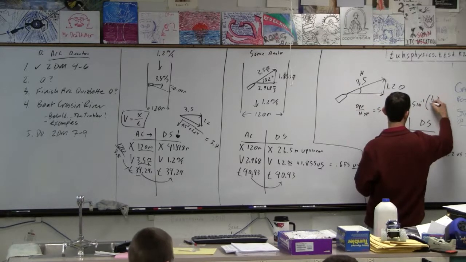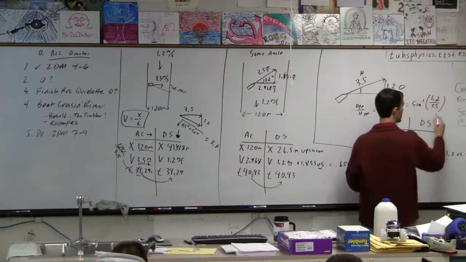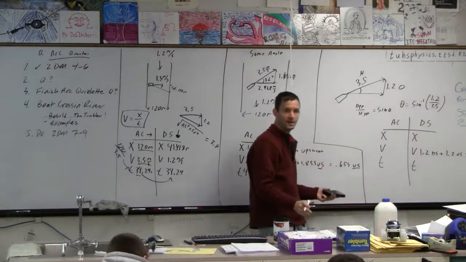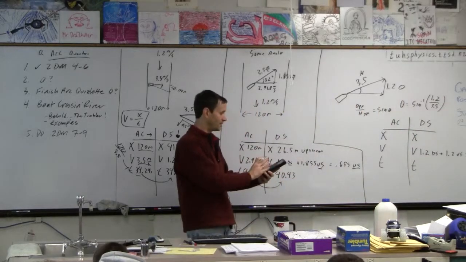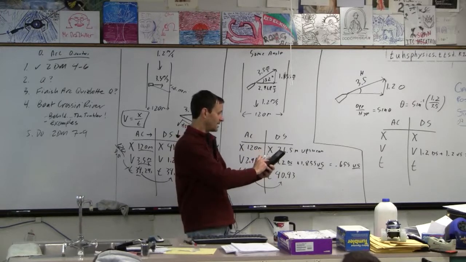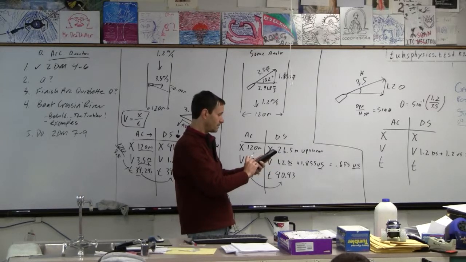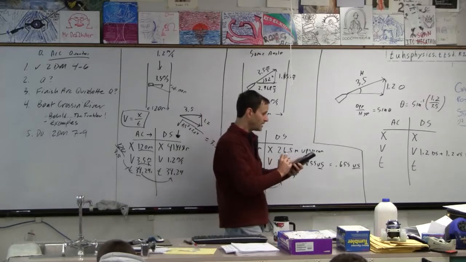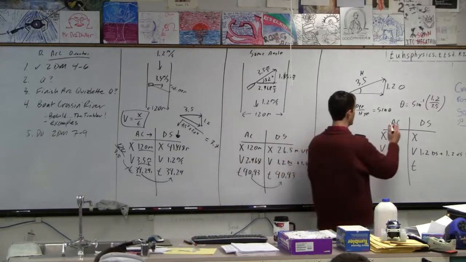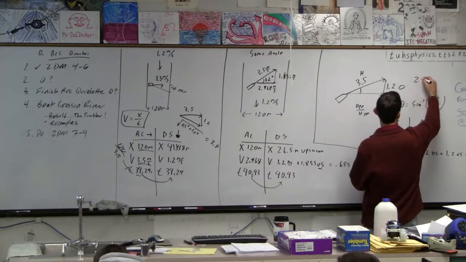So it's 1.2 over 3.5. We've never used inverse sine yet, so go ahead and try that. Take your calculator and go second sine parenthesis 1.2 divided by 3.5. And do you get like 20.1 degrees or something like that? 20.05, yeah?